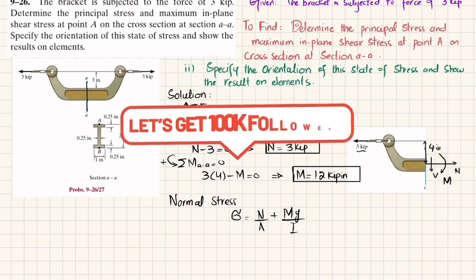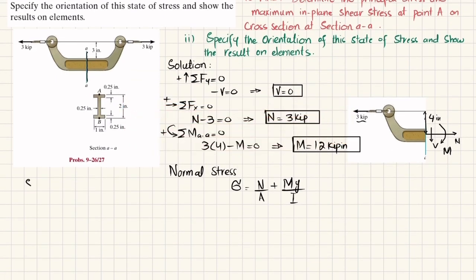Clear? Okay. Now we'll find A and I, which are the section properties. A is the area of this cross section. So if I take the whole area as 2 multiplied by 1, and then subtract these 2 portions, we will get the area.